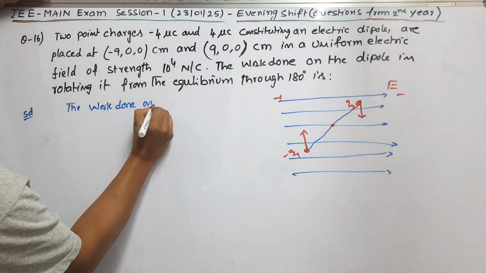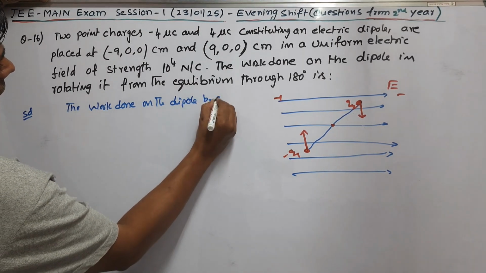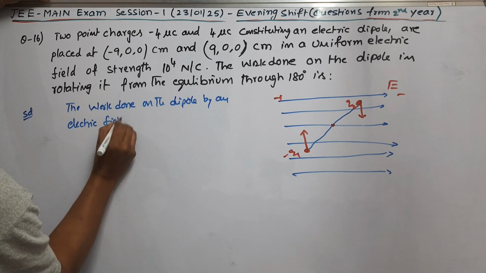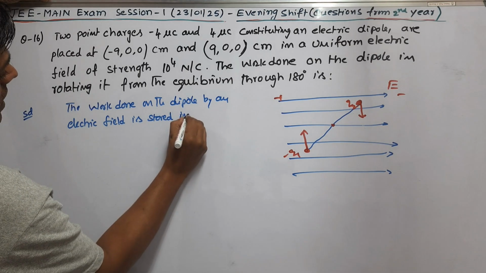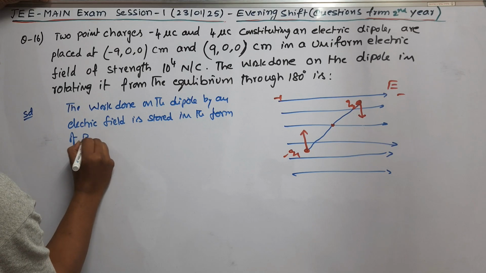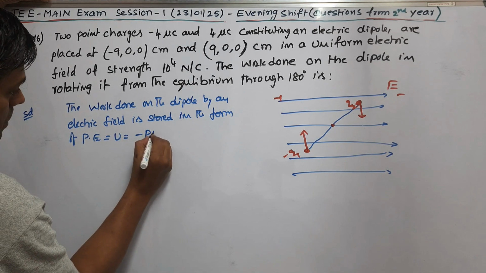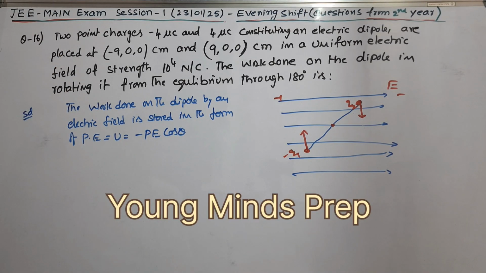The work done on the dipole by an electric field is stored in the form of potential energy, which is equal to U is equal to minus P E cos theta.